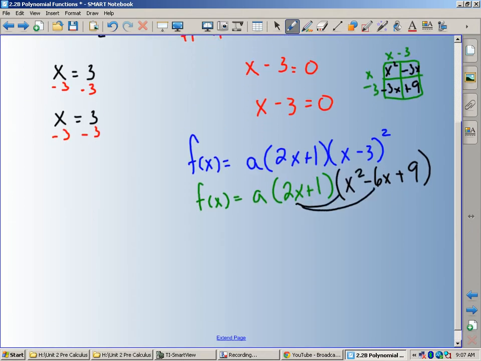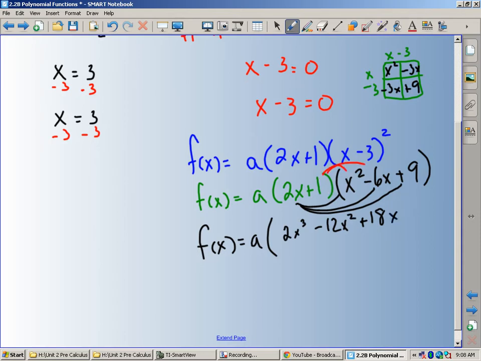So f of x will equal a times, if I take 2x times each of these terms, I get 2x cubed minus 12x squared plus 18x, and then I'm going to multiply 1 times all of these terms, and just to make my life a little bit easier, I'm going to move over, because if I take 1 times x squared, it's an x squared, so I'm going to line it up with the x squared terms.